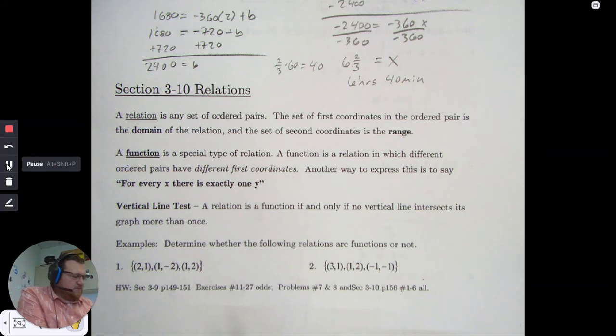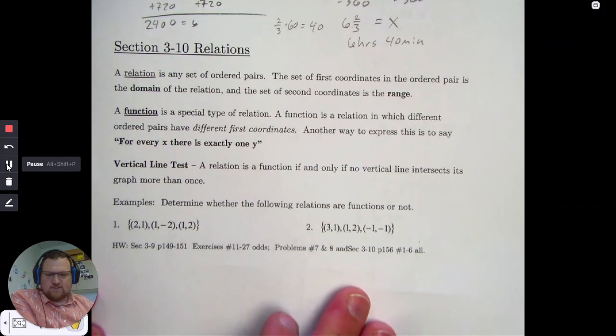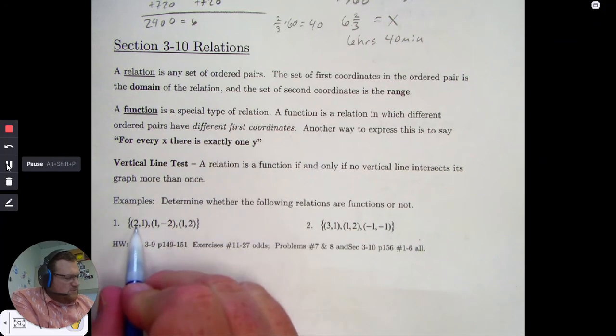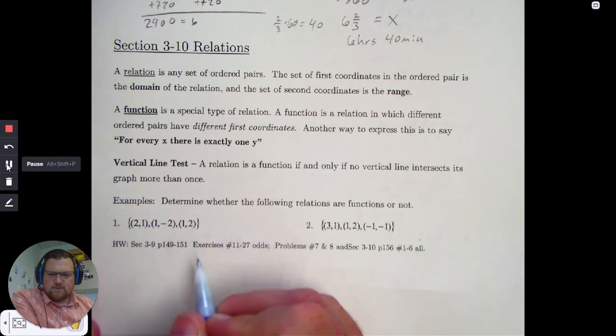So when we look at these problems here, just looking at these points, we can tell whether this represents a function or just a relation. Because if we have one x value that goes to more than one y value, that means it can only be a relation. So if we look at these, we have 2, 1, 1, negative 2, and 1, 2.